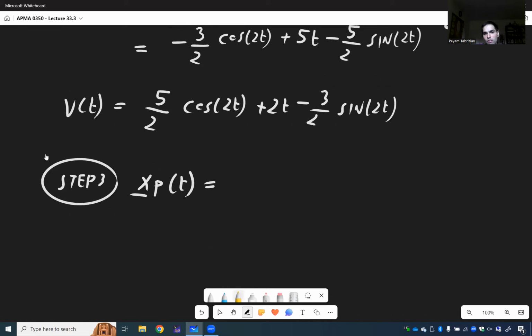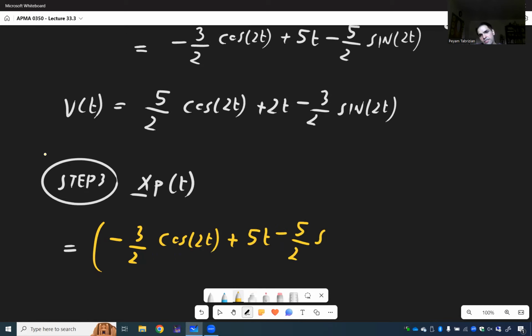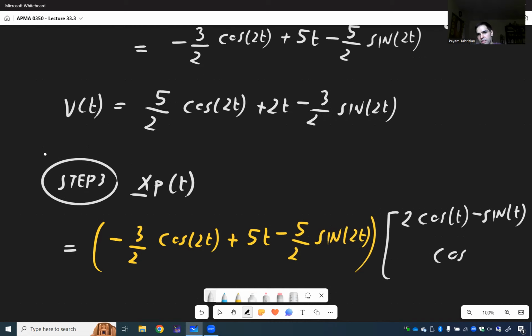Again, that is u of t, which we found, minus 3/2 cosine of 2t plus 5t minus 5/2 sine of 2t, times that vector, 2 cosine of t minus sine of t, and then cosine of t.